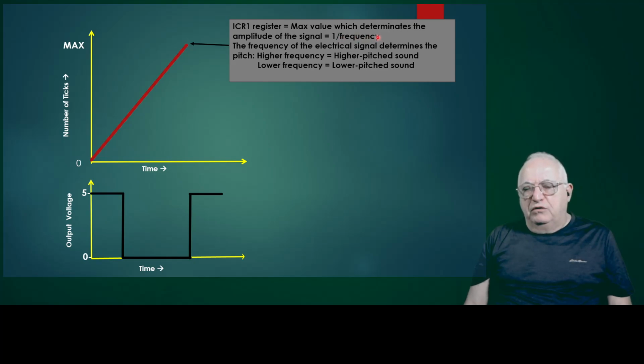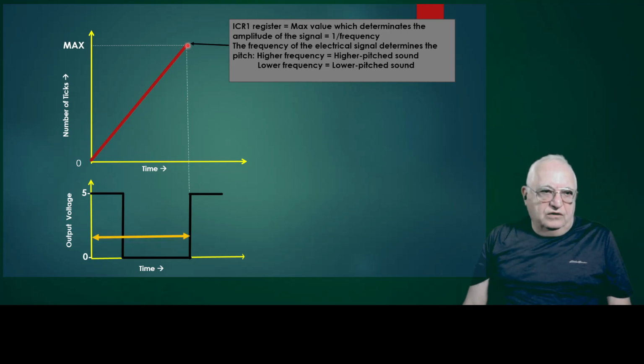We want to generate this frequency, so then we know what's going to be our ICR1 value for our register. Now the frequency of an electrical signal determines the pitch, like I noted. So we have high frequency, high pitch, low frequency, low pitch. So let's continue to put together our picture.